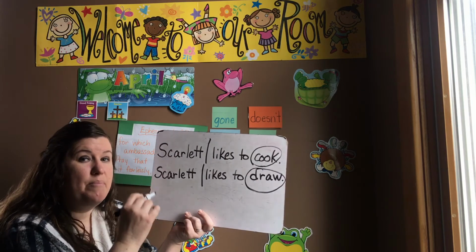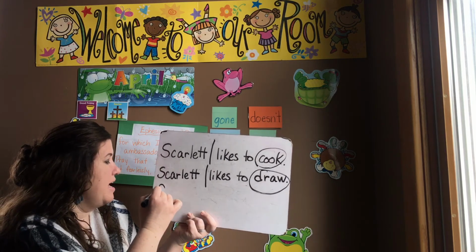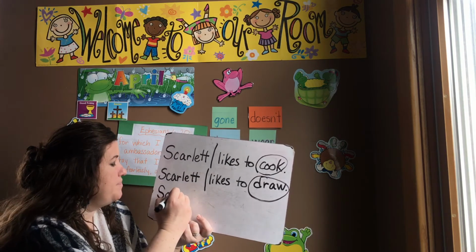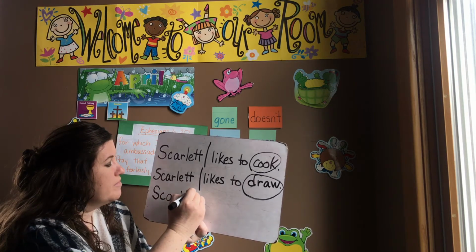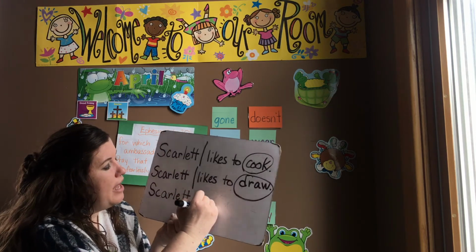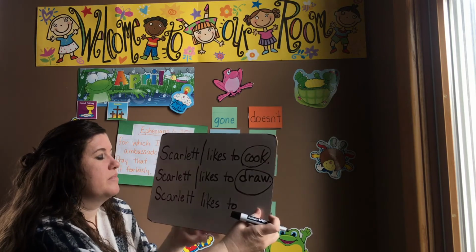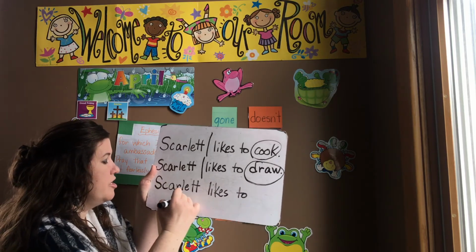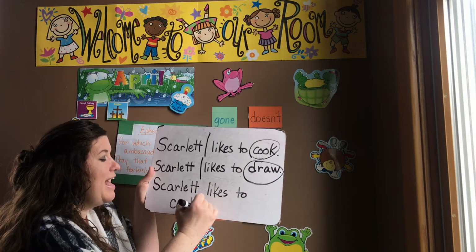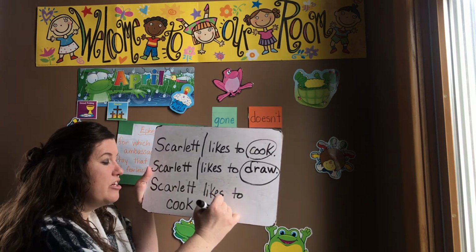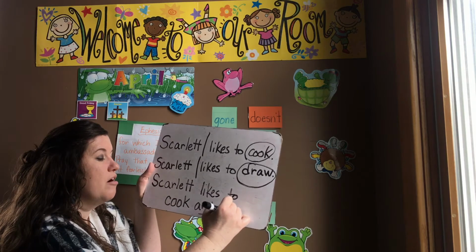So we could combine this sentence by saying Scarlett likes to, let me do it down here, cook, and there's our joining word, draw.